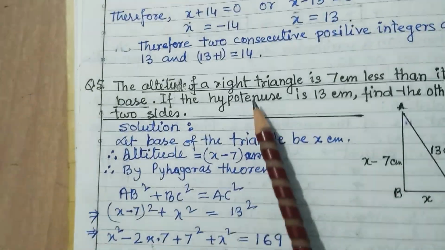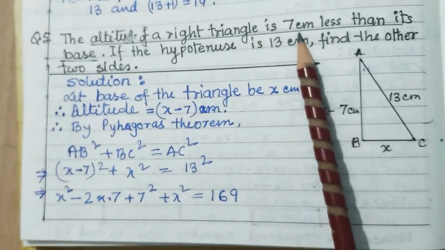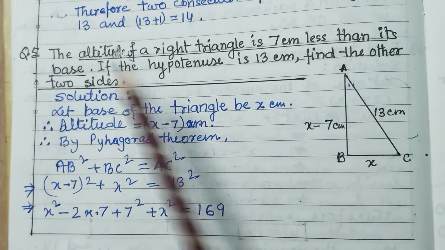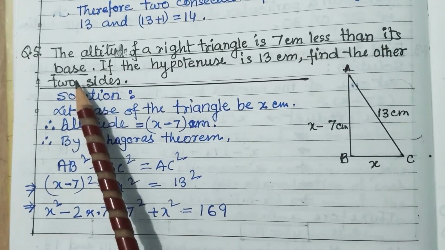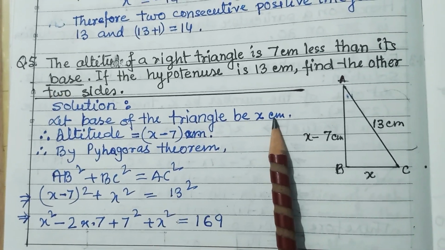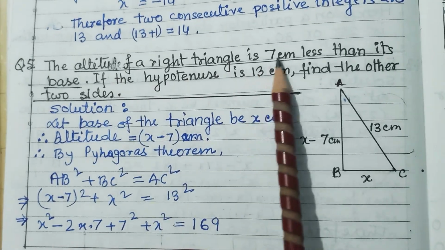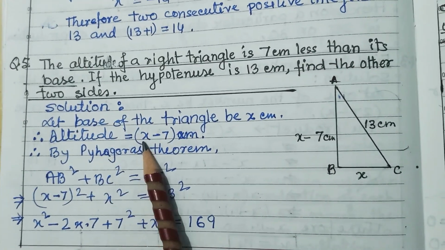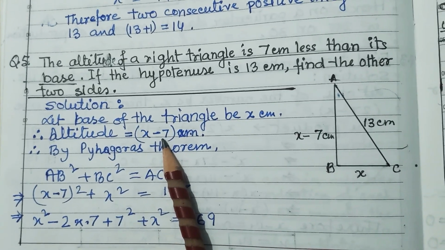The altitude of the right triangle is 7 cm less than its base. Now in this sentence you have to take the last word as x: base be x, and the altitude be 7 less than its base, so it is x minus 7 cm.